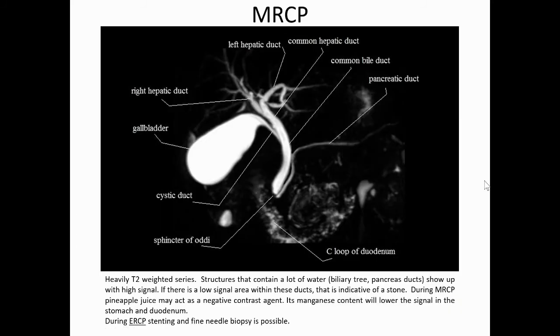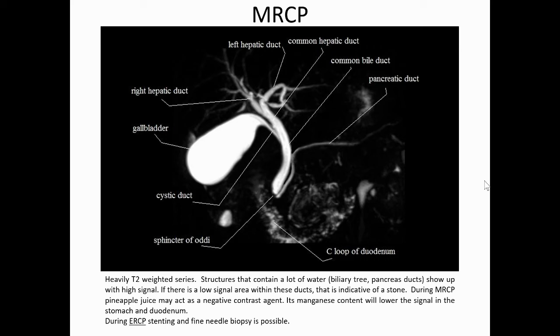MRCP is an MR technique which is a heavily T2 weighted series. So if it's T2, then that means that those structures that contain a lot of water will show up bright and white. And if you go back to my talk on contrast media, I mentioned that we ask patients who come for an MRCP to bring some pineapple juice with them.